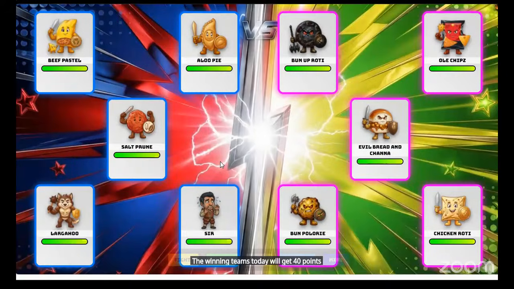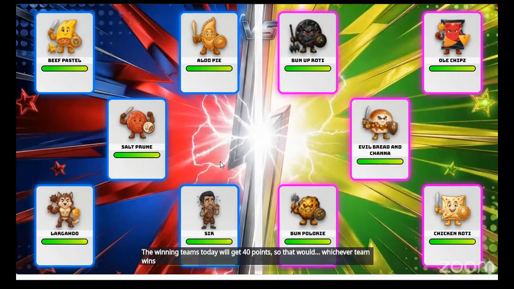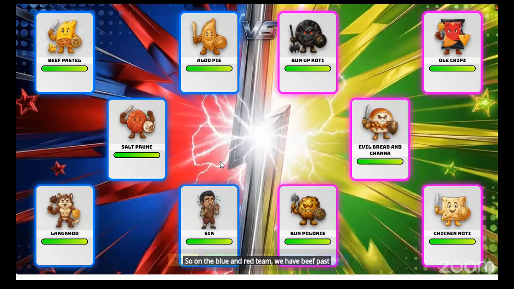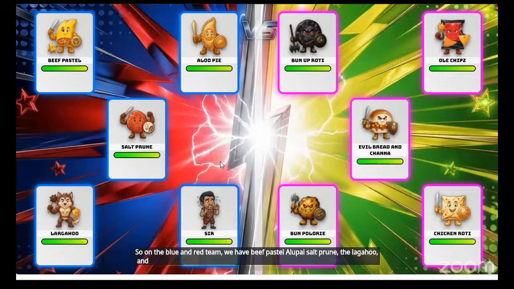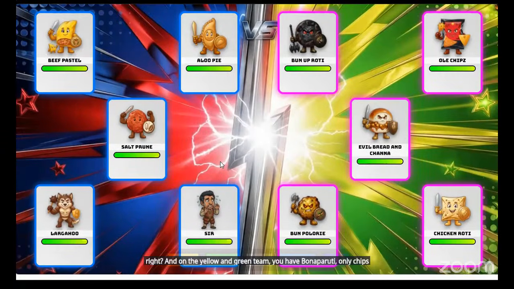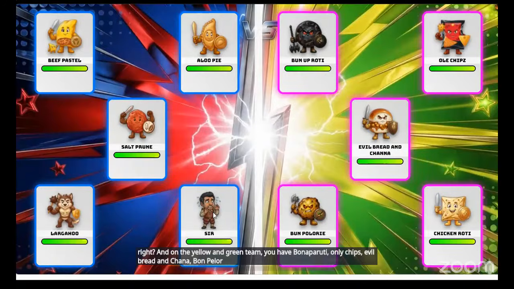So whichever team wins, they can actually bump themselves up to first place. So on the blue and red team, we have beef pastel, aloo pie, salt prune, the lagahu, and soup meat. And on the yellow and green team, you have bun up roti, ole chips, evil bread and chana, bun palori, and chicken roti. Let's start the first battle. Let's see who wins.